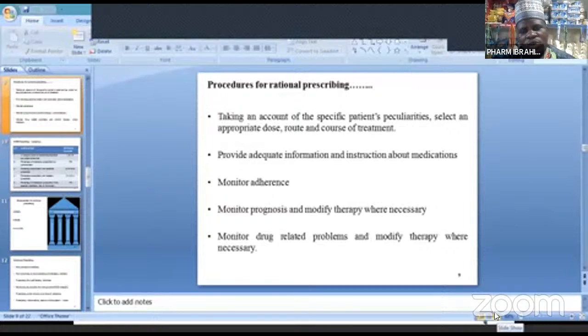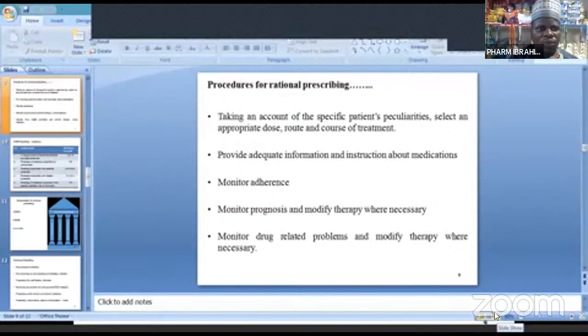Of course, the essence of pharmaceutical care is to ensure rational use and to achieve a definite outcome in your patient. And for you to do that, you need a lot of collaborative approach with other health professionals. Then we have proper labeling of all medicine containers to avoid intermixing that may have harmful consequences on the patients.